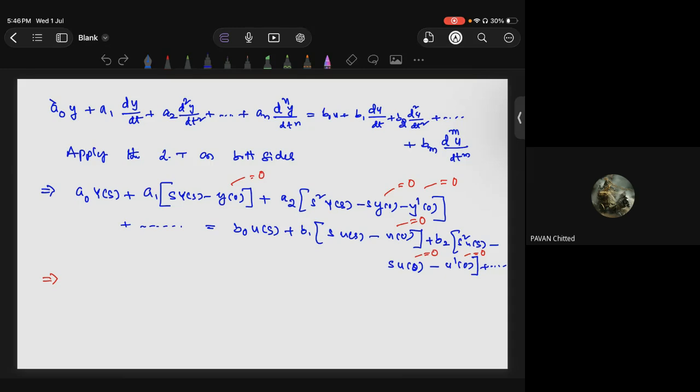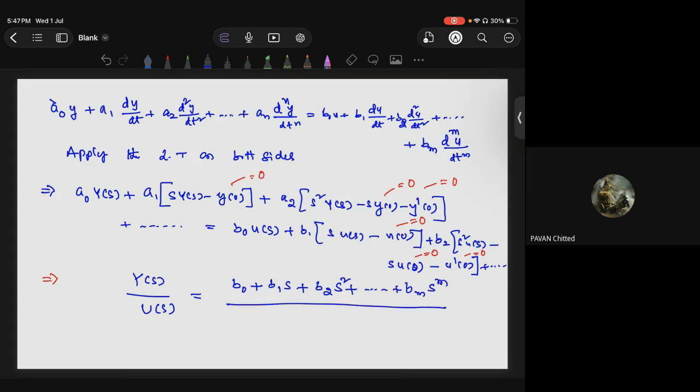I'll take y of s common from the left side, and once all the initial conditions are zeros, I can take u of s common from the right side. Then I can write this ratio: b naught plus b1 s plus b2 s square, etc., plus bm s power m, divided by a naught plus a1 s plus a2 s square, etc., plus an s power n.